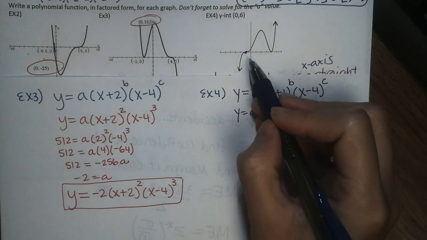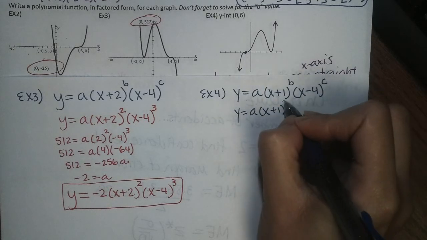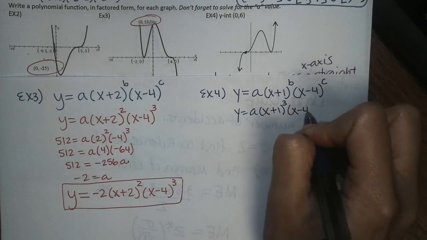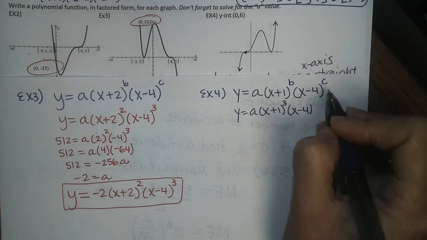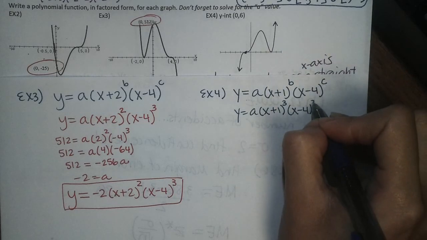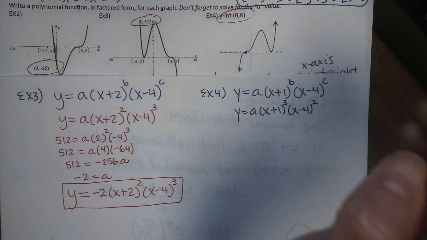So here, make the b something odd bigger than 1, so make it 3. The c has to be something even because it's bouncing off the axis, so make it 2. And finally, just plug in the y-intercept.